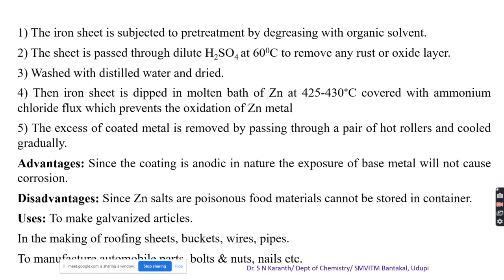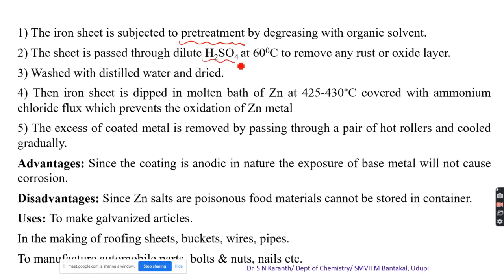That is, the first step is that the iron sheet is subjected to pre-treatment, that is, degreasing with an organic solvent. So we have to remove all grease or oil particles by dipping in an organic solvent. Then the sheet is passed through dilute sulfuric acid.